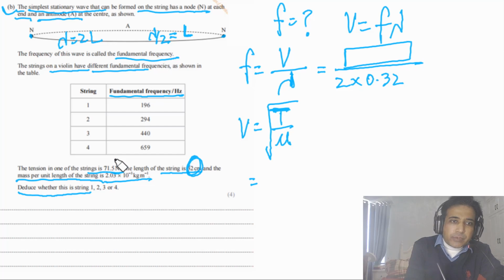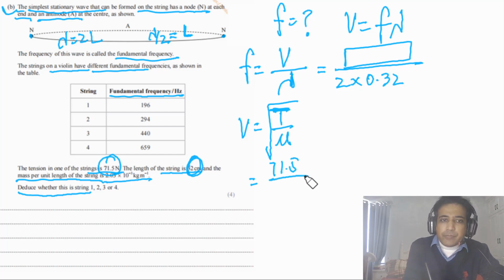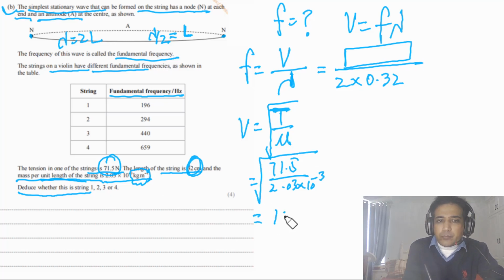The tension in the string is 71.5 and the mass per unit length is given, that is 2.03 × 10^-3. We have to be careful with units and take the square root of this. If we solve this, we will get 187.7 meters per second. So this is the value of v.